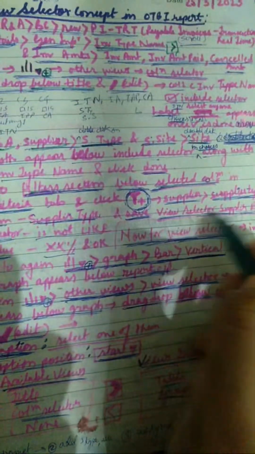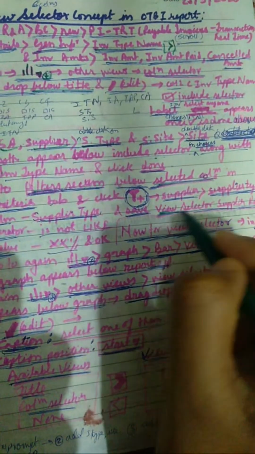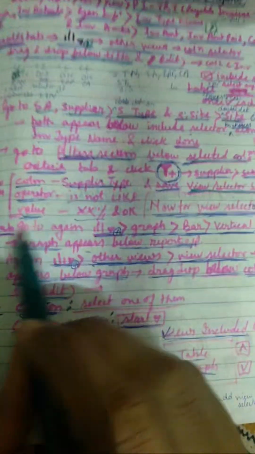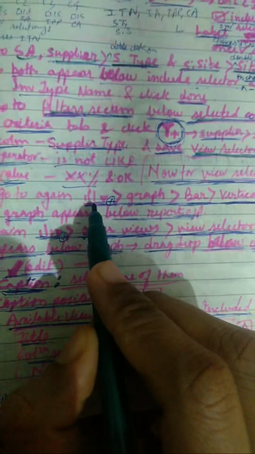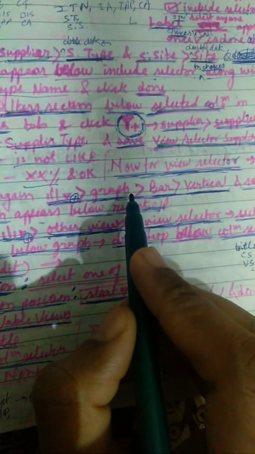Now I'll save it as view selector supplier report. Now for the view selector, again, the navigation is the same. We'll go to the results tab again, we'll go to this icon again.